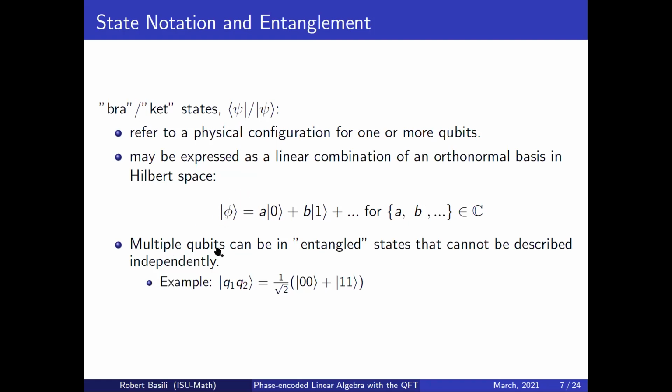A key characteristic of qubits is that multiple qubits can be in an entangled state that you can't describe independently. This is an example where I'm now going to actually specify what the qubit binary states are in this ket.